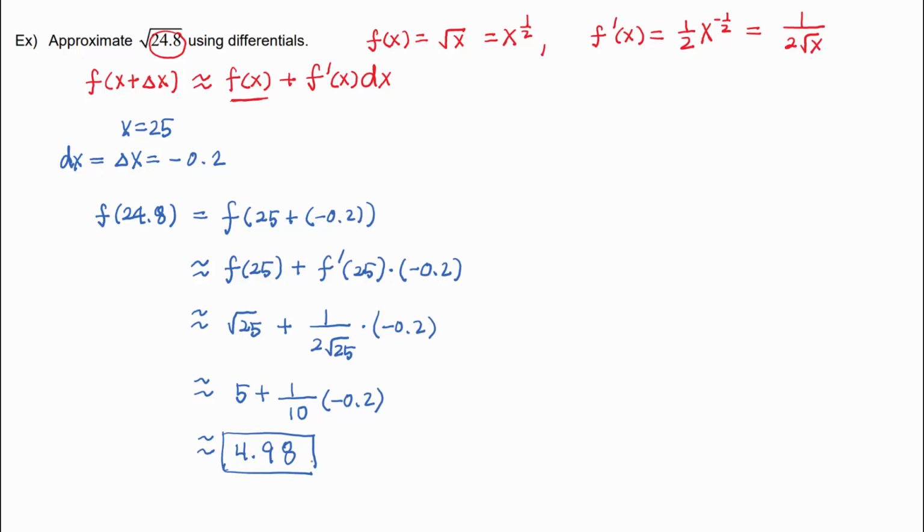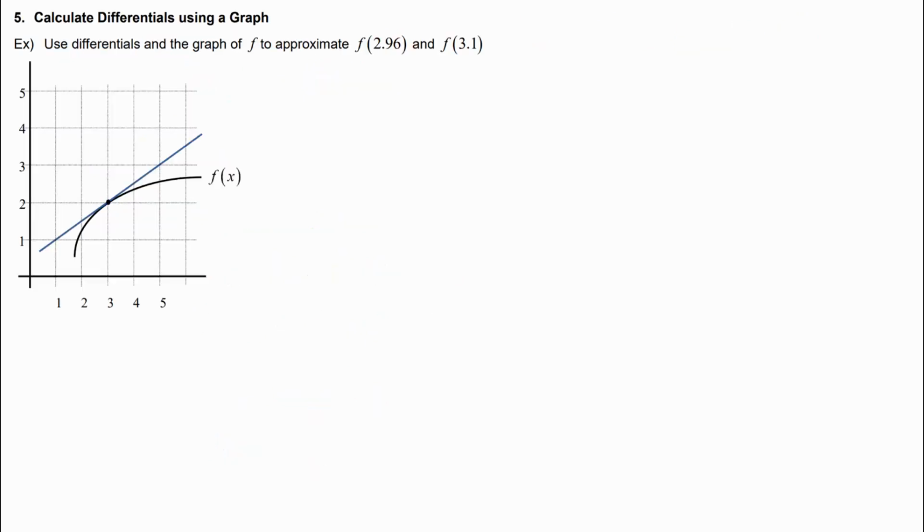This will be on the test, so make sure you know how to do it. Use the differentials and graph of f to approximate f of 2.96 and f of 3.1. What we know exactly, close to 2.96, is f of 3 and f prime of 3. So what's f of 3 here? f of 3 is 2.